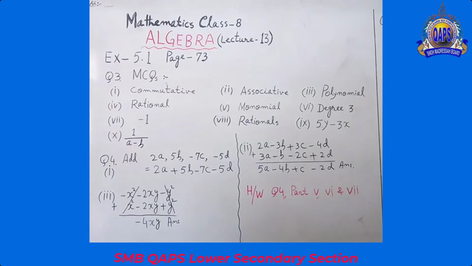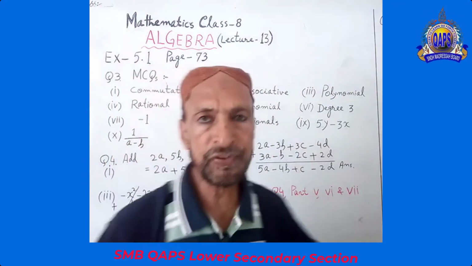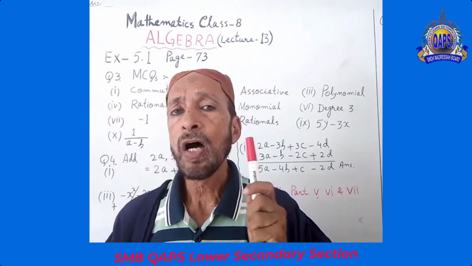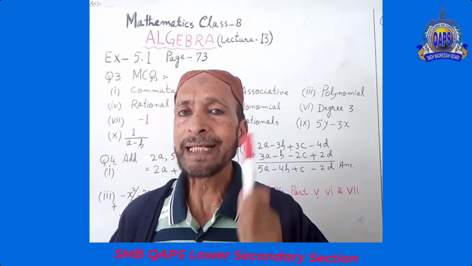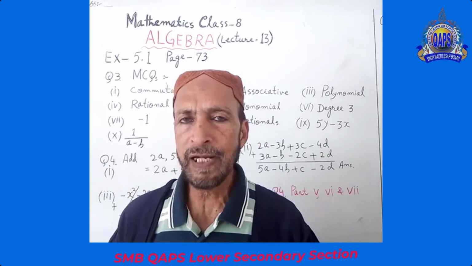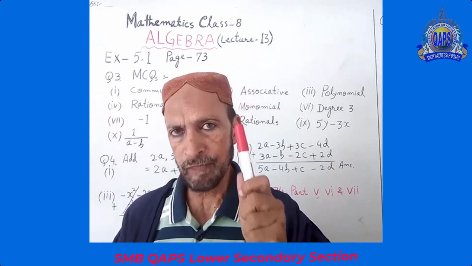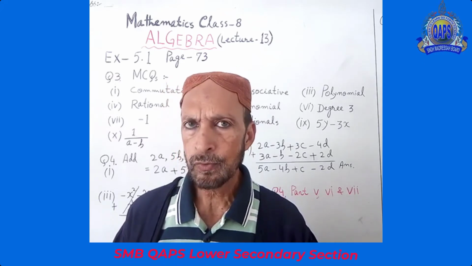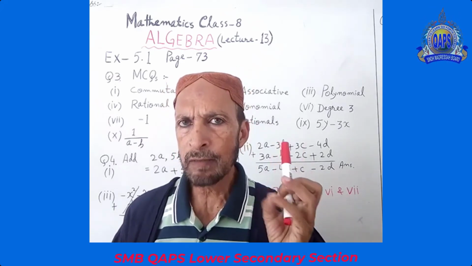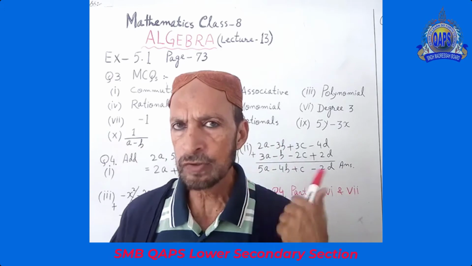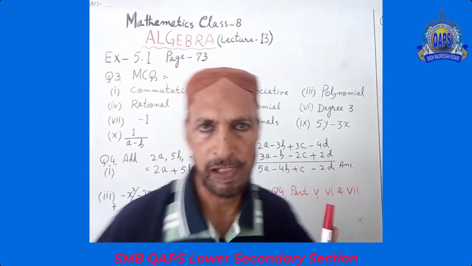Number 5. 5x square y square z square is a dash. You see, this is only one term. That's why this is called monomial. Mono means 1. I told you mono 1, bi 2, tri 3. So this is monomial.